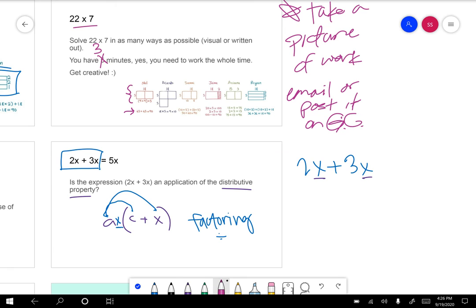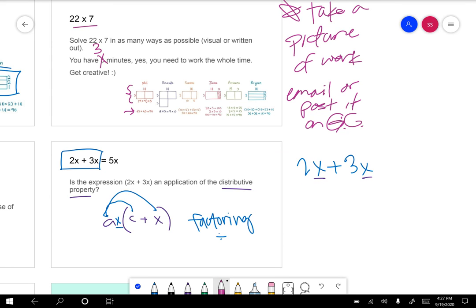So kind of the long way of showing what we're doing here is we're dividing by x. 2x divided by x would be 2 times 1, because x divided by x is 1. So you're getting 2 times 1 with x outside. That's kind of what's actually happening when we do this.